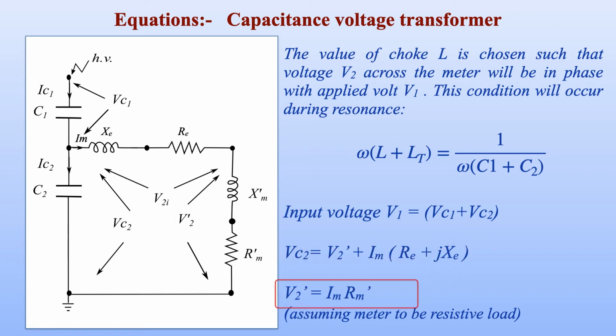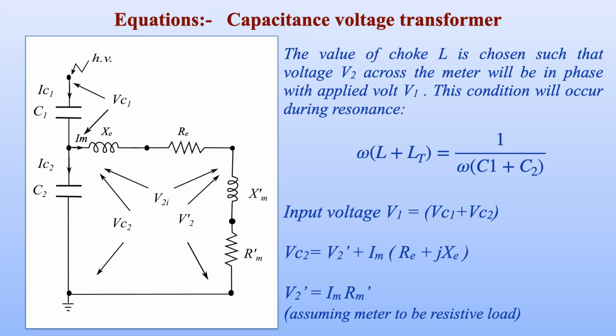Then V2 dash is actually the current flowing through the meter and the resistance of the meter, assuming that for the meter, which is a voltmeter, the inductance can be neglected when compared to the inductance of the transformer and the choke inductance L. So this is the equivalent circuit, and the principle of operation is that the resonance condition is arrived at by adjusting the value of choke L such that the inductance of the choke along with the matching transformer inductance forms a resonance with respect to capacitors C1 and C2, and this occurs at the power frequency, the frequency at which we are carrying out the measurements.